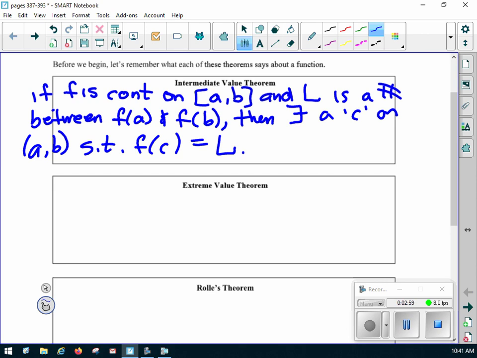Anybody need more help or need more time? Yes. Okay. That's an L. L is a number between f of A and f of B. You wrote it twice.